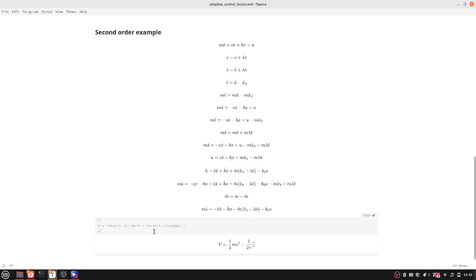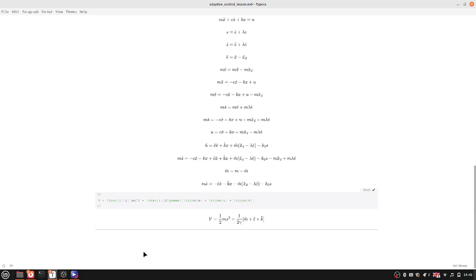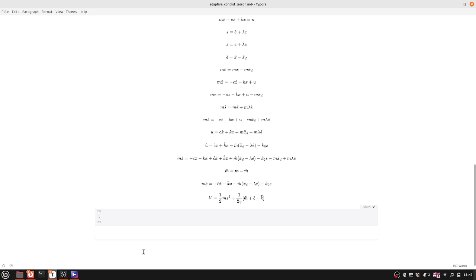multiplied by all of our unknown terms, so M tilde plus C tilde plus K tilde, like so. And let's then just do V dot, and like I said, it's going to be M S dot, which we already have, which is good, times S, plus, and I'm going to separate all of these out now, so it's going to get quite long, 1 over gamma, and that's going to be M tilde times M tilde dot plus, and I can just copy these now.